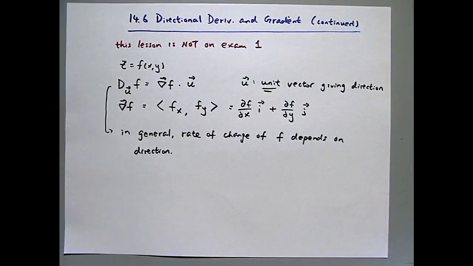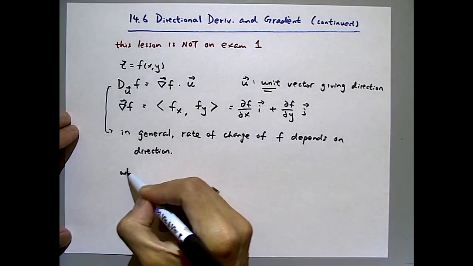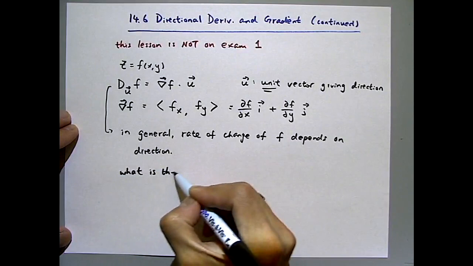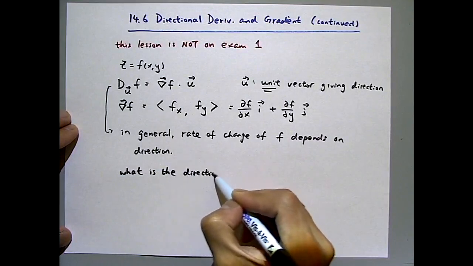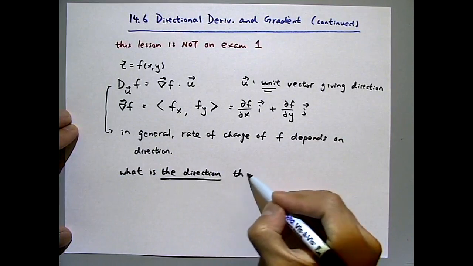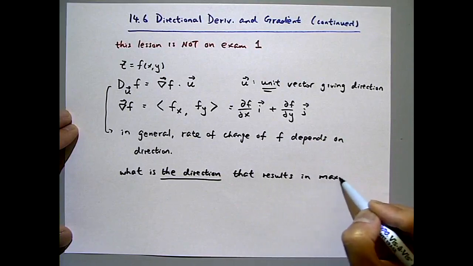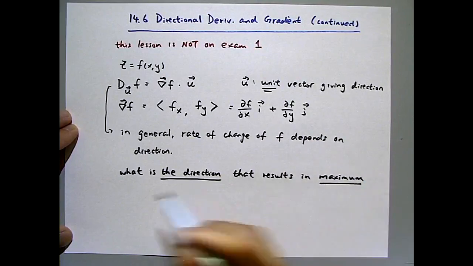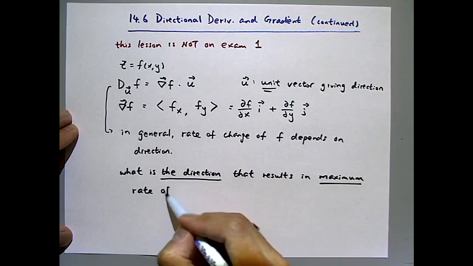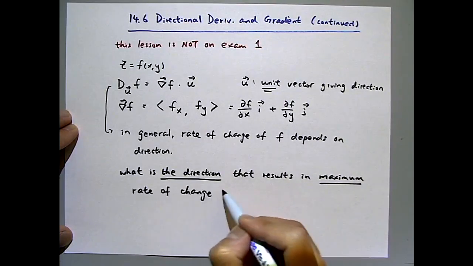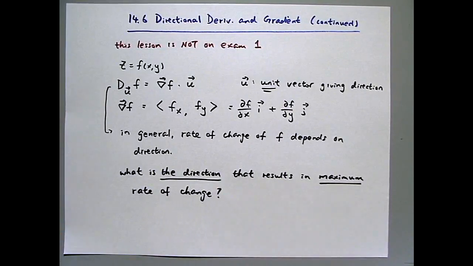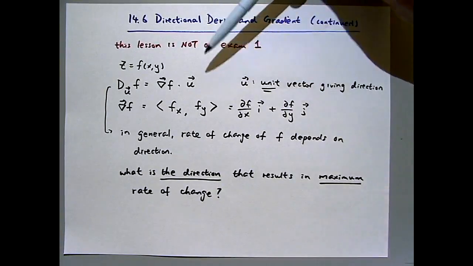So a very, very natural question to ask is: is there a direction that we can move so that we always get the maximum rate of change? What is the direction that results in maximum rate of change? And we can analyze that question just by looking at the dot product.